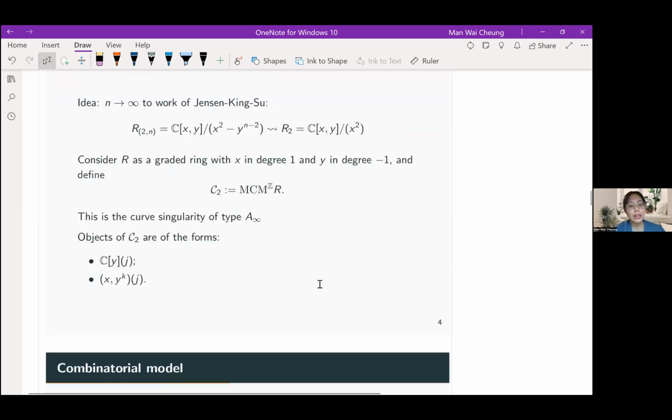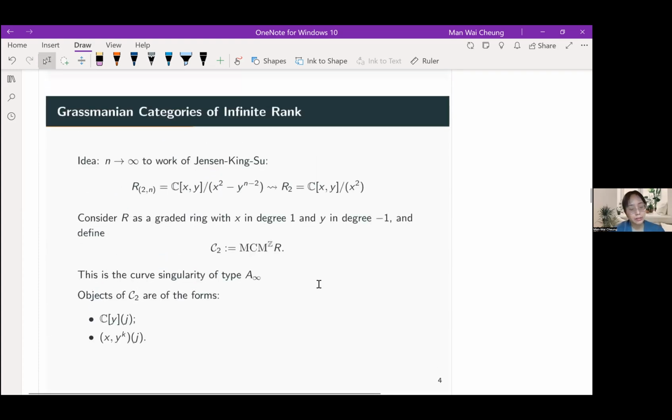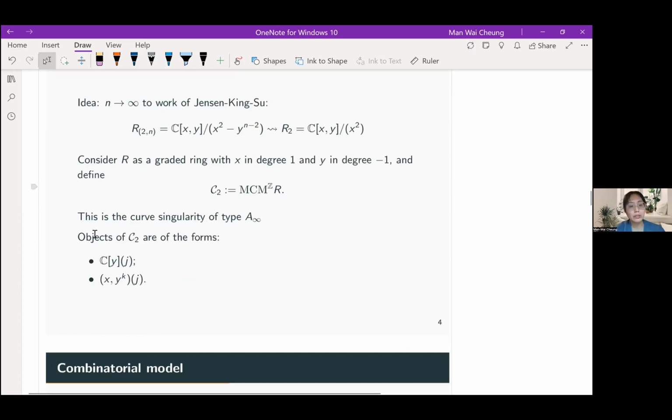Then we want to look at the objects in this category, which are either of this form or ideals generated by x, y to the k, shifted by j. The next thing is that we begin by looking at the n+3-gon. We want to give a combinatorial model of this category.